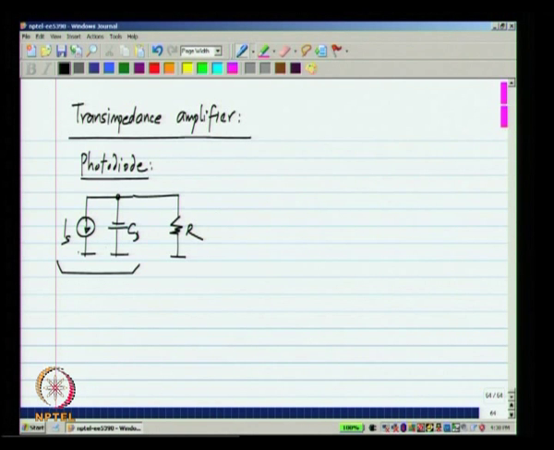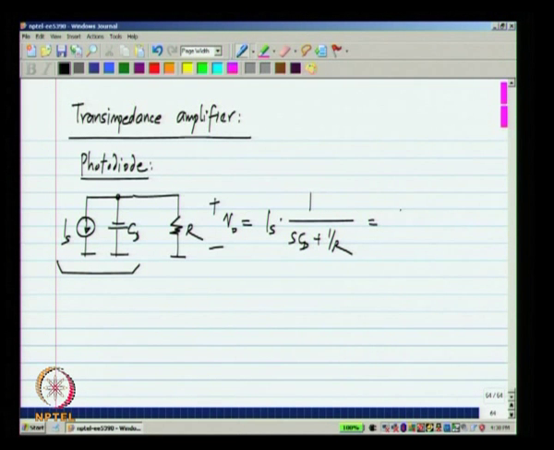Now, the transfer function between this IS and this voltage is given by IS divided by 1 by R plus SCD.